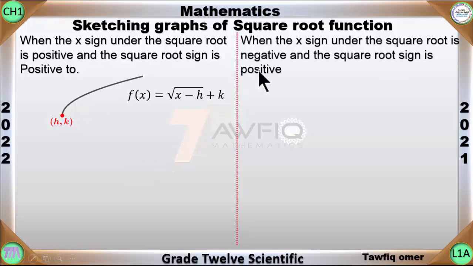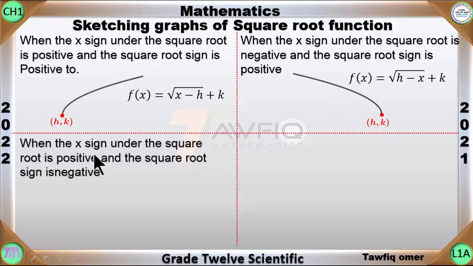But when the x sign under the square root is negative and the square root sign is positive, then f(x) equals square root of (h minus x) plus k starts at (h, k) and goes to the left and up.